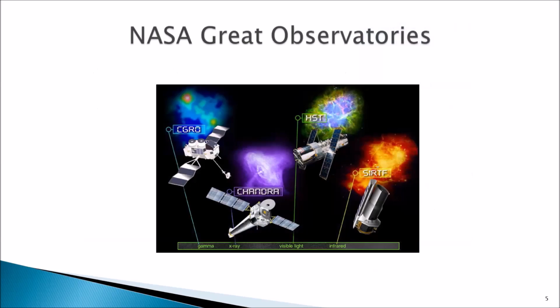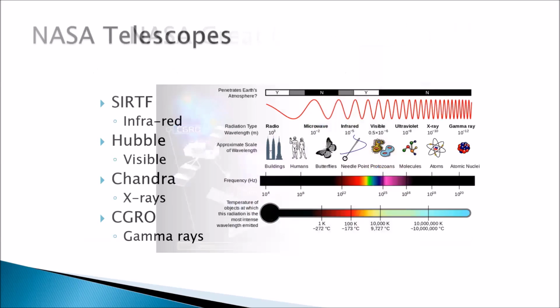So let's take a look at what overall NASA wanted to do. They wanted to create 4 great observatories that would cover the entire spectrum of interest. Those telescopes started with SIRTF, the Space Infrared Telescope Facility, which would cover the long wavelength IR.